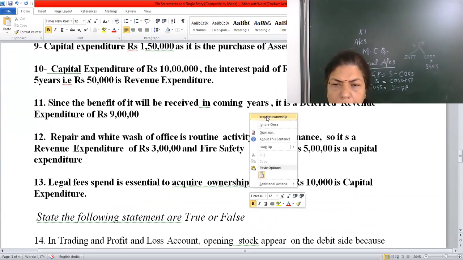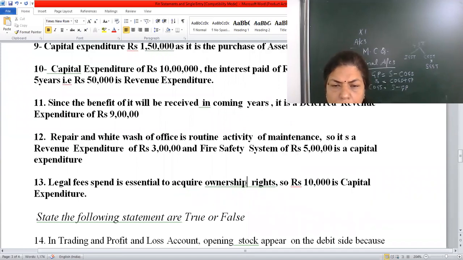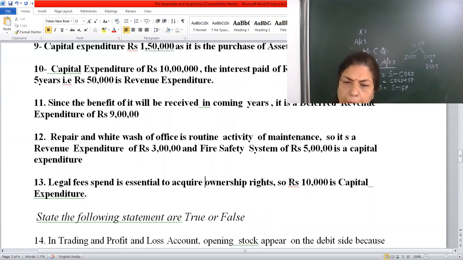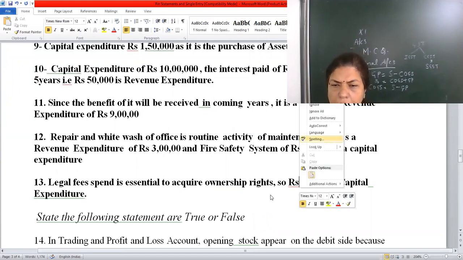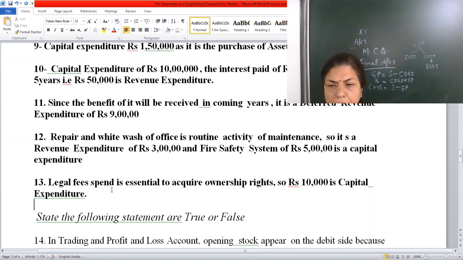See, when we spend amount for purchasing any asset, that will be capital expenditure.